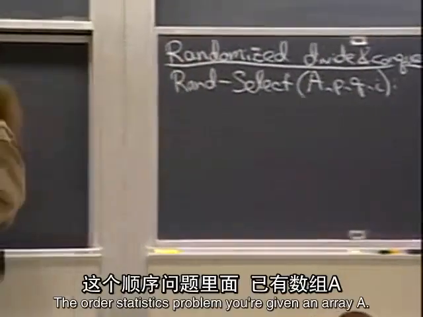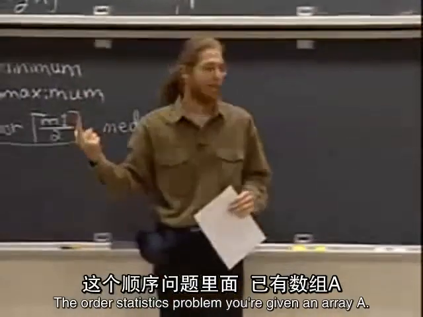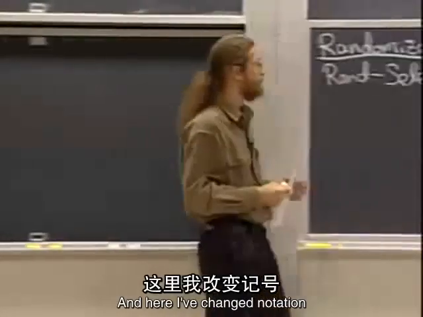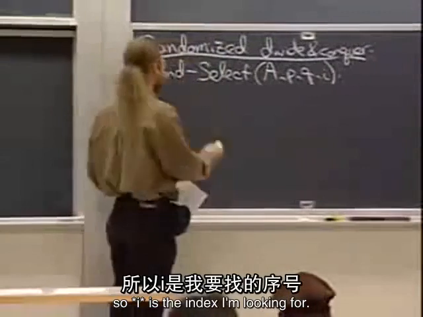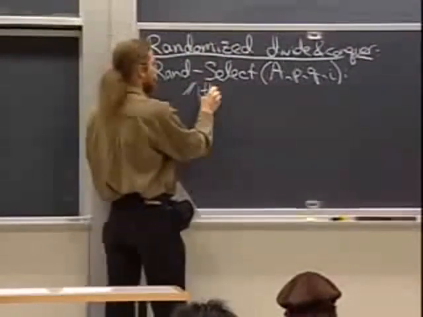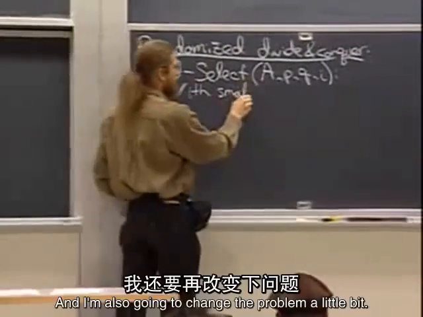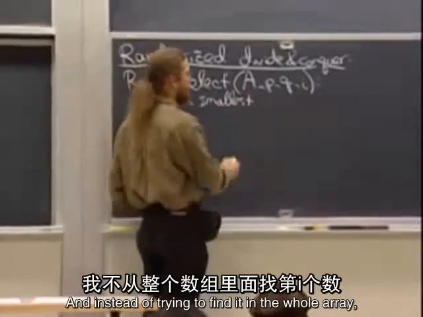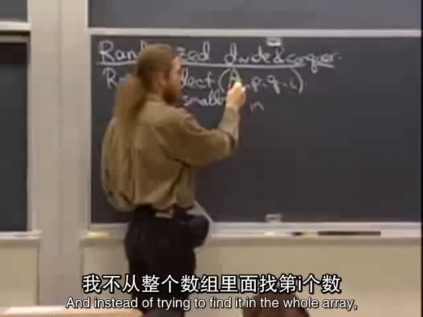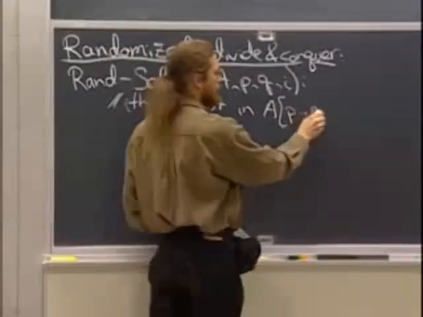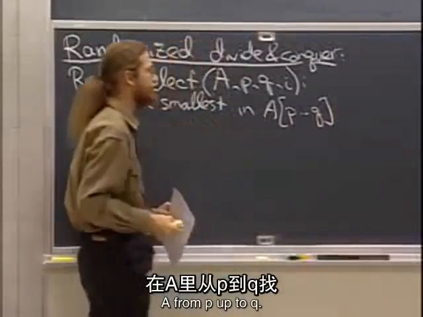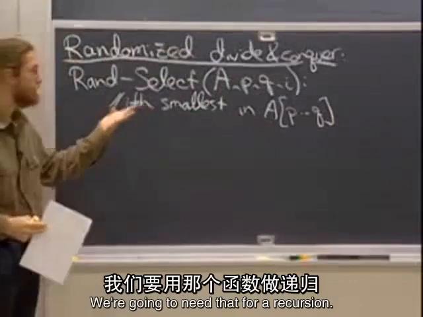For the order statistics problem, you're given an array A, and here I've changed notation, and I'm looking for the ith smallest element. So i is the index I'm looking for. I'm also going to change the problem a little bit: instead of finding it in the whole array, I'm going to look in a particular interval of the array, A from p up to q. We're going to need that for recursion.